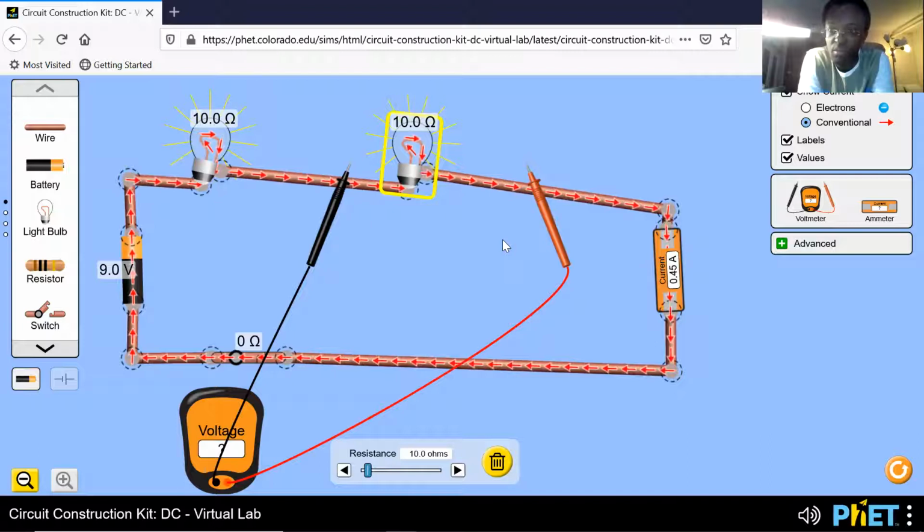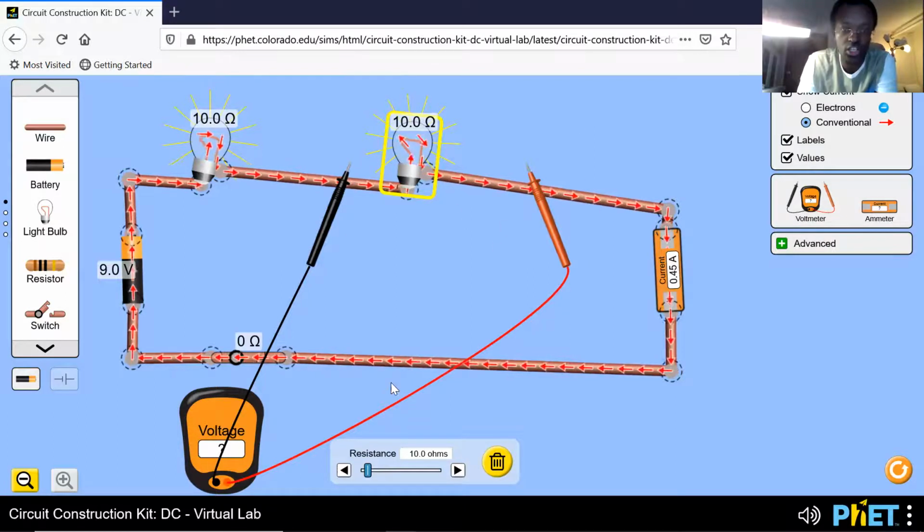What do you say is happening? Are they shining brightly? They are not, right? When there was just one light bulb, it was shining brightly, but now it isn't.